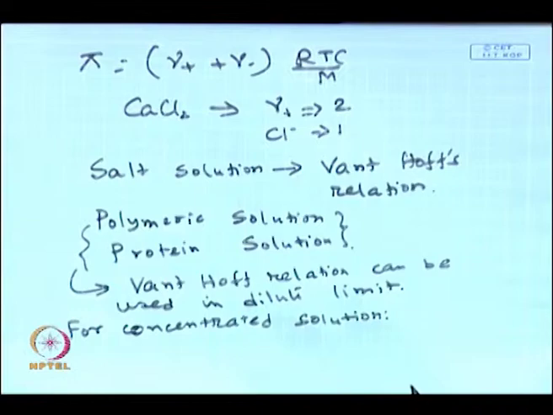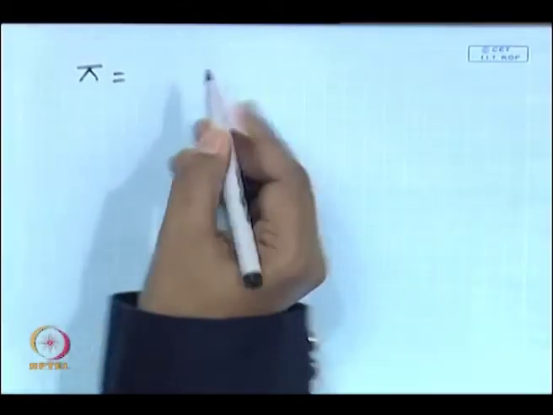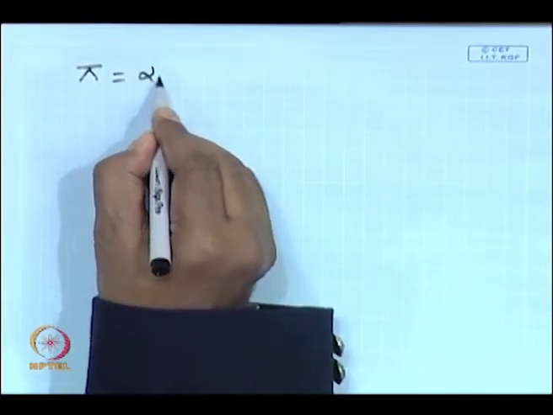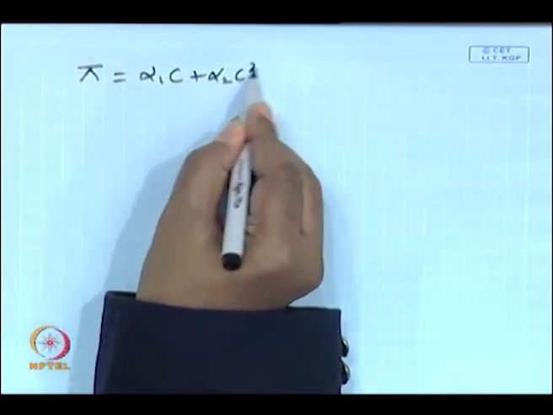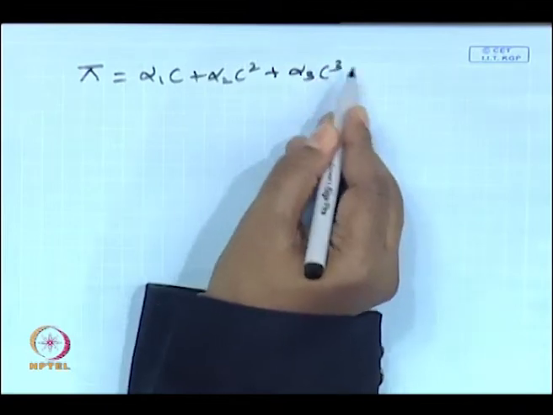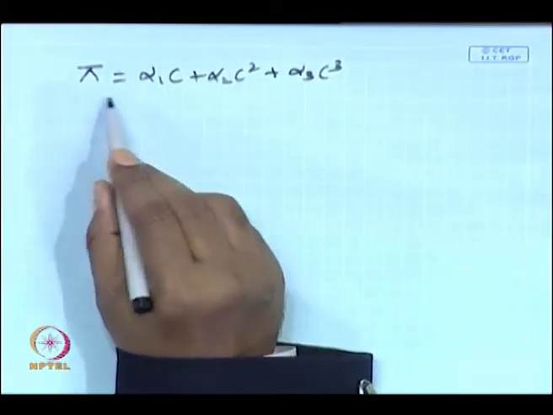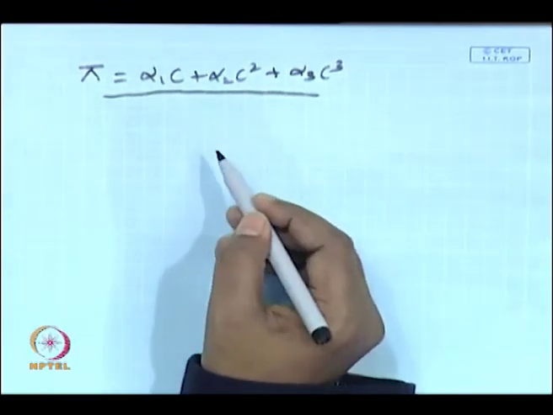One can go to thermodynamics and get the derivation that, for the concentrated solution, the osmotic pressure will be in the form of virial coefficients. So osmotic pressure can be expressed as a polynomial of concentration like alpha 1 C plus alpha 2 C square plus alpha 3 C cube, like that. In most cases, these relations are available in literature.